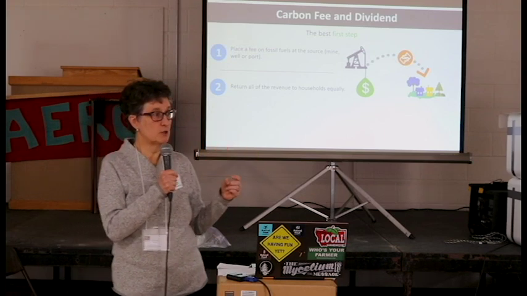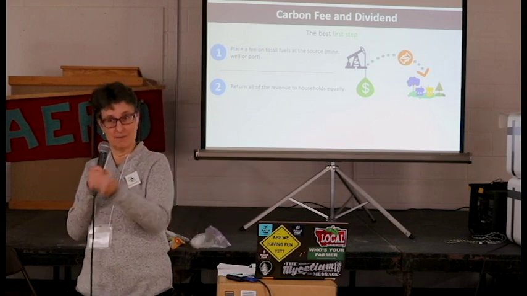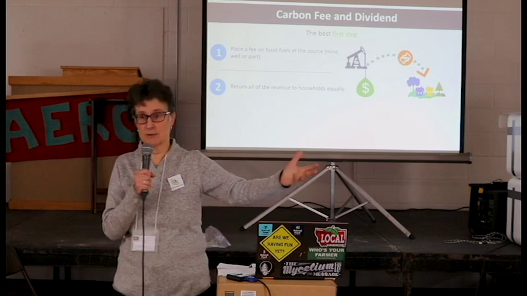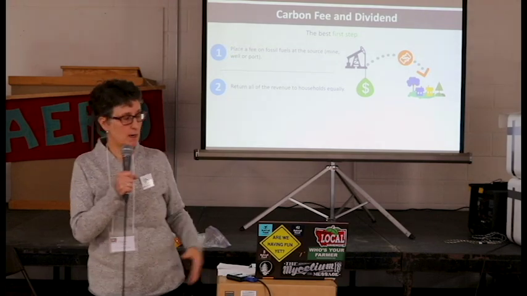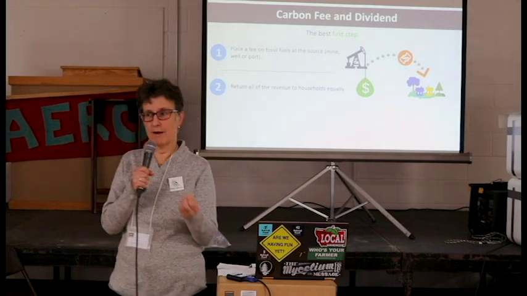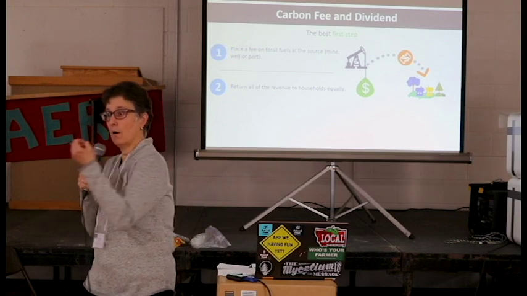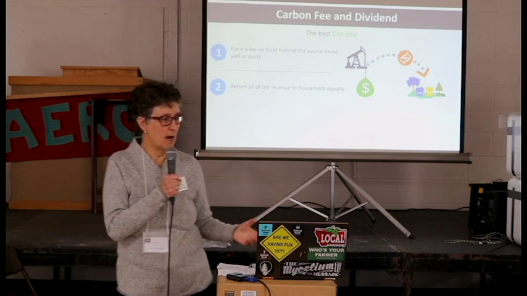Or we could give it to corporations. Well, we just gave a lot to corporations, but they're still talking about that. Or we could give it back in income tax. Well, what about people who don't have an income tax or don't have an income? So what you do with the revenue is key. Or do you want to give it to government to do research? I mean, there are just tons of ideas of where to put that money.